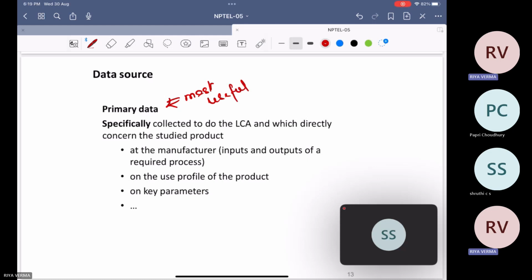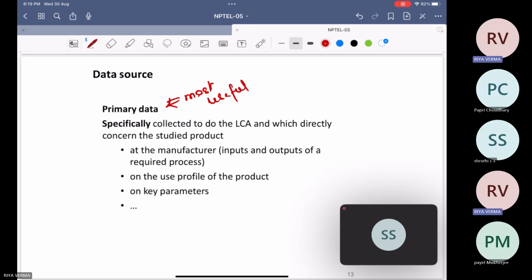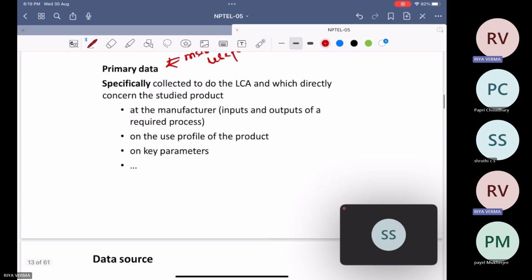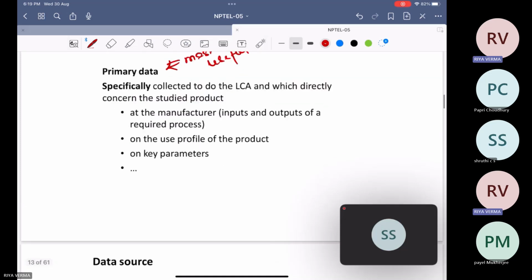It is specifically collected to do the LCA, and it directly concerns the studied product at the manufacturer end, that is, inputs and outputs of the required process, or the use profile of the product, or key parameters. So this is your primary data.